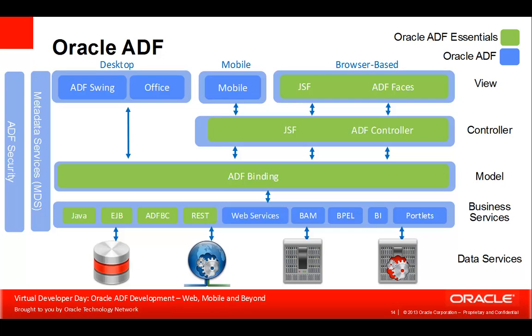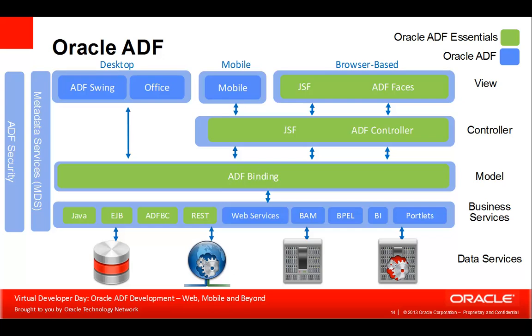So here we see now a breakdown of what exactly we see in ADF Essentials versus the overall Oracle ADF. Again, we've got all the elements that we see in green here that we talked about previously, and now we see the elements in blue that are not provided. As far as the business services area, we don't have the ability to integrate with a lot of the SOA suite components.